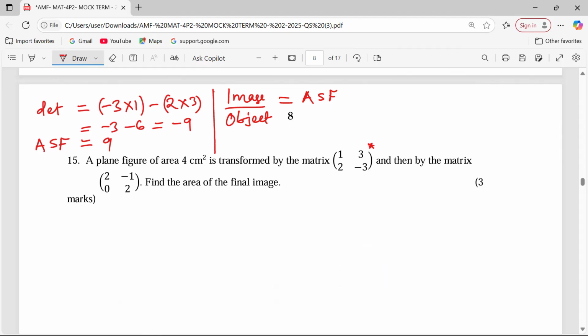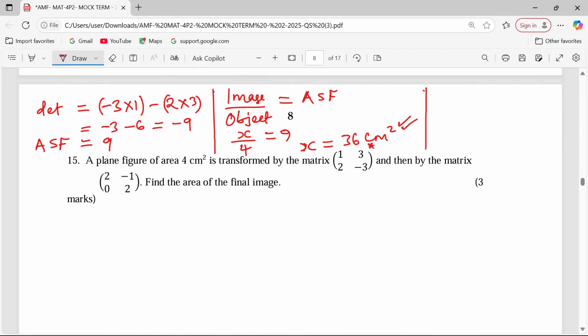And what is the area scale factor? The absolute value of the determinant. Therefore, the unknown area out of 4 should give us 9, which means the area of the first image equals 36 square centimeters. Area of the first image equals 36.